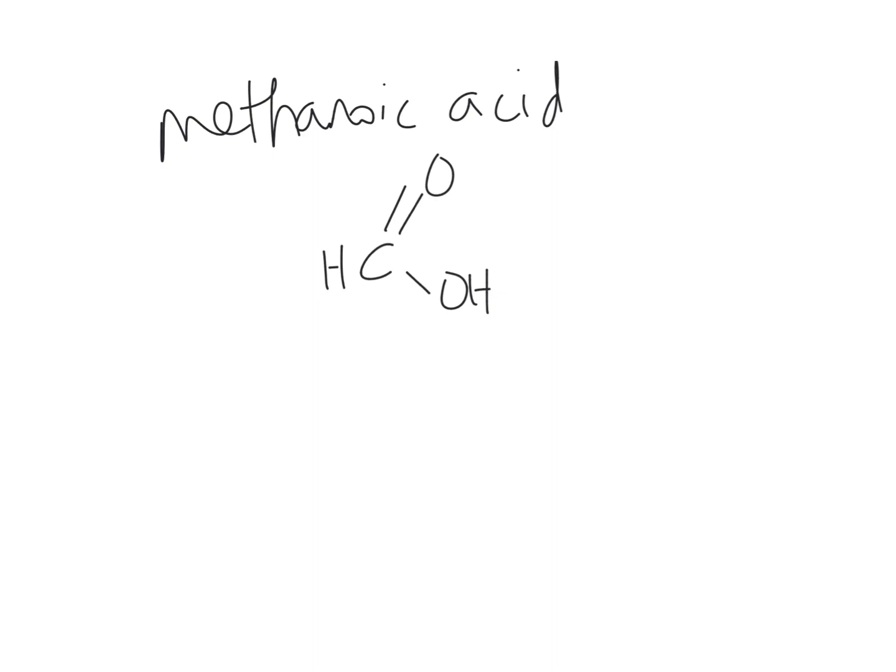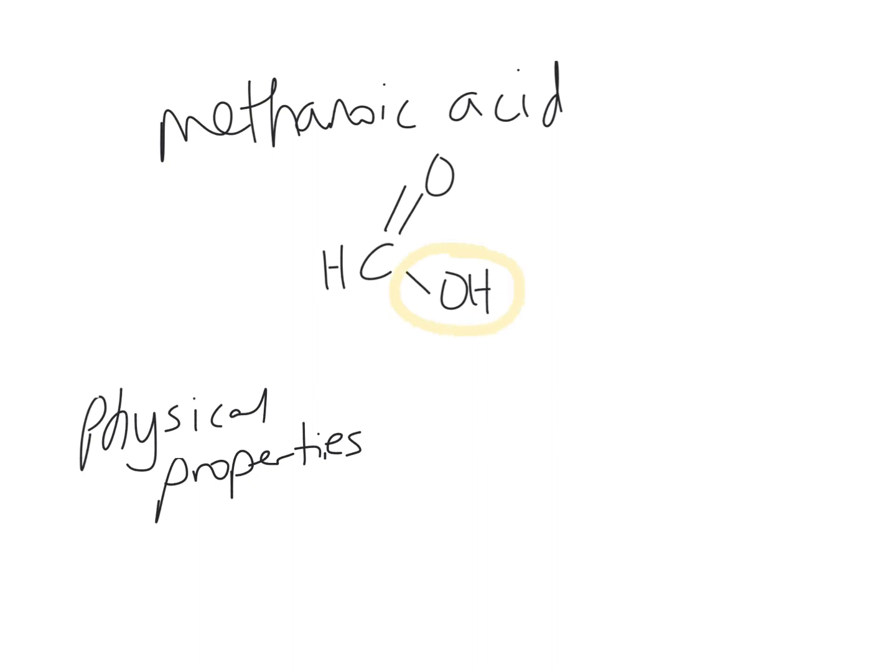In terms of physical properties for carboxylic acids, if you look at their structure, you should be able to predict that they have hydrogen bonding capability between adjacent carboxylic acid molecules, and that's because they have an OH bonded together unit there.